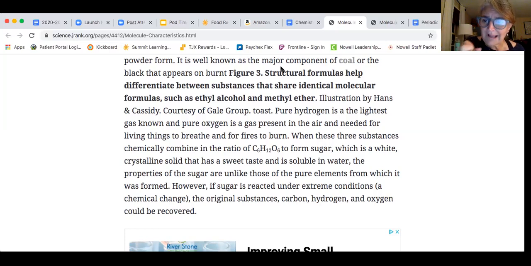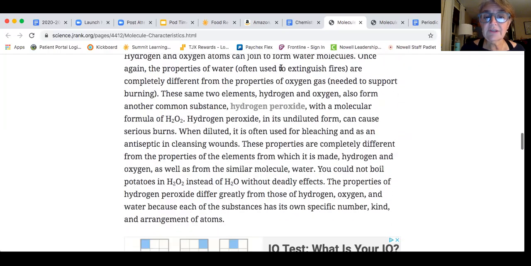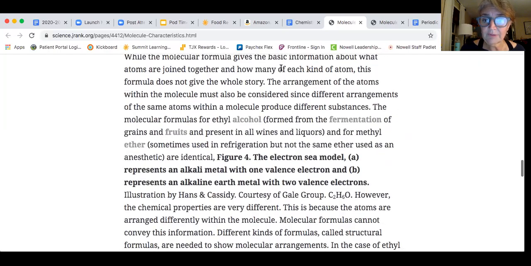But once we combine them and make sugar, the characteristics, both physical and chemical, of that new molecule are very different. Physically, it's not a gas and it's not a black powder. It is a white crystalline structure, and it is not a gas like hydrogen and oxygen. It's not a powder like carbon. It's a crystalline solid.